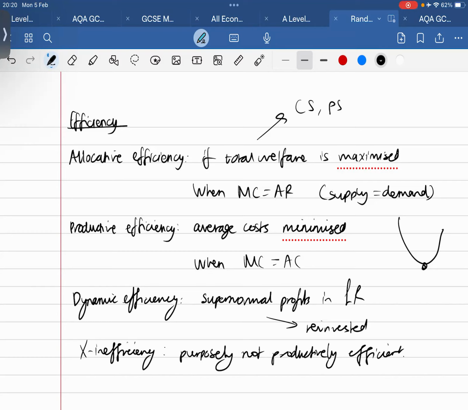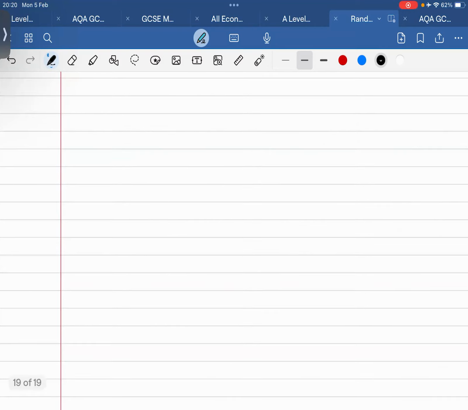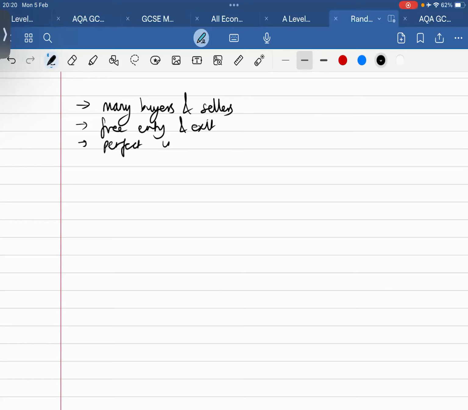Let's move on to the first market structure, which is perfect competition. The characteristics of perfect competition are many buyers and sellers, no barriers to entry and exit, free entry and exit, perfect information, identical or homogeneous products, and firms are price takers.